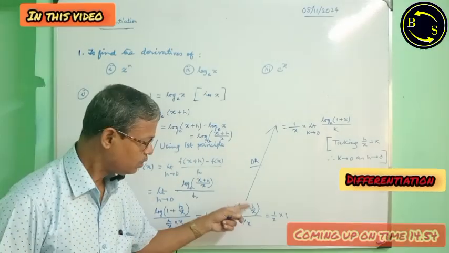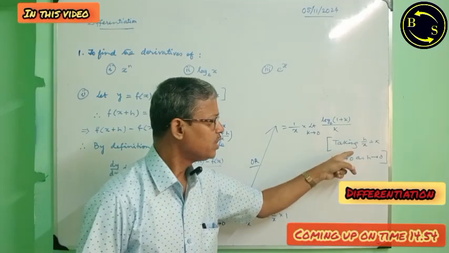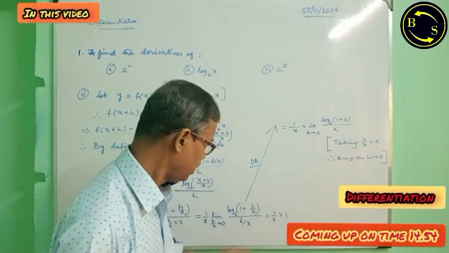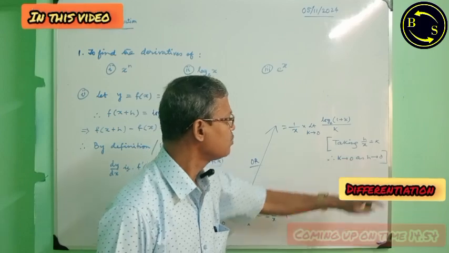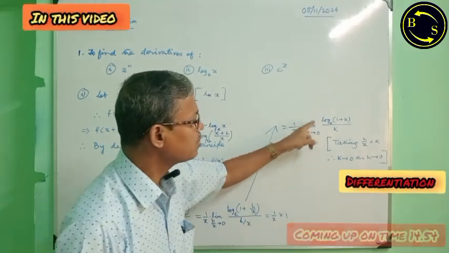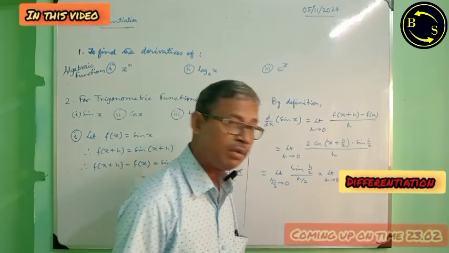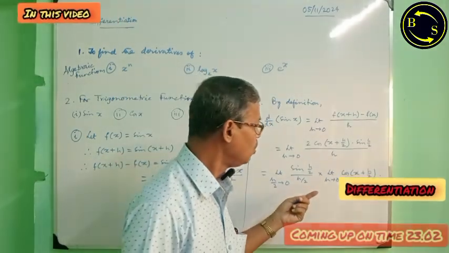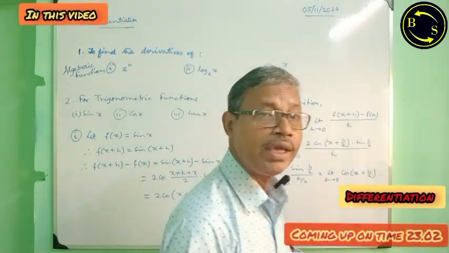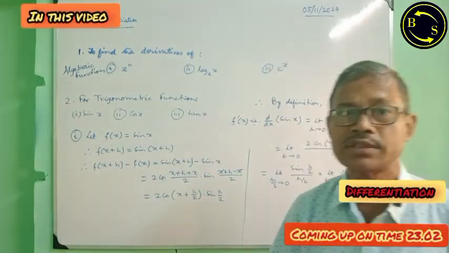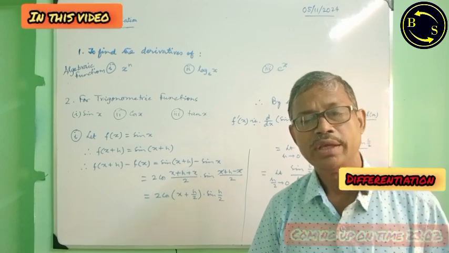We can use this directly, or show the change in variable like this, h by 2 equal to k, then k tends to 0 as h tends to 0. We can write the standard limit. I have applied the theorem or rule of limit: limit x tends to a of f(x) into g(x) is equal to limit x tends to a of f(x) into limit x tends to a of g(x).